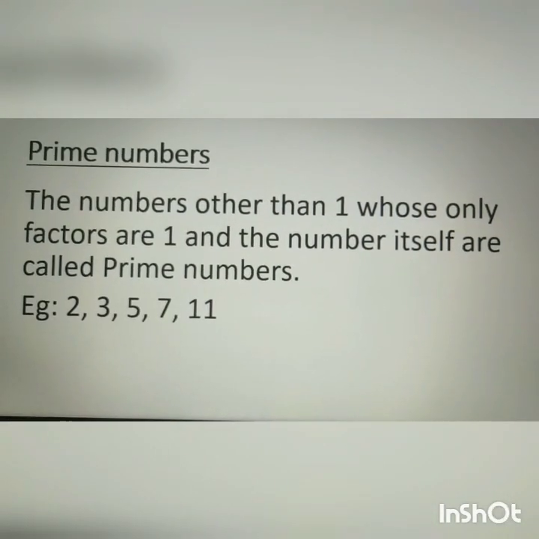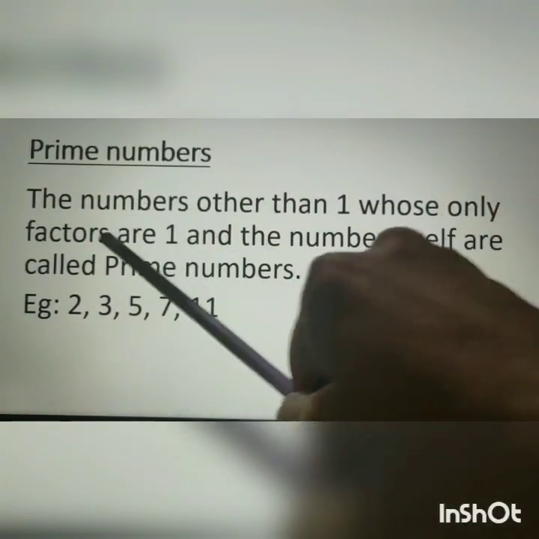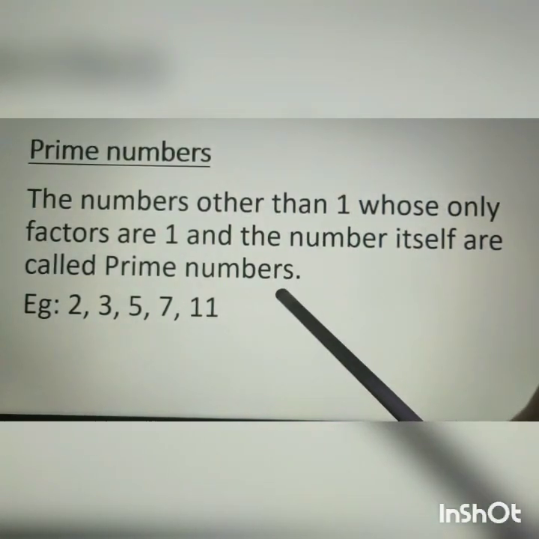So prime numbers: the numbers other than 1 whose only factors are 1 and the number itself are called prime numbers.